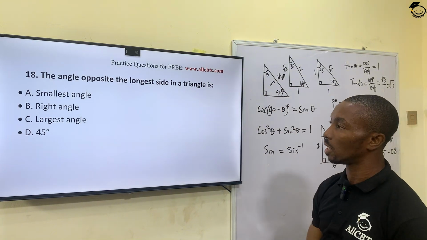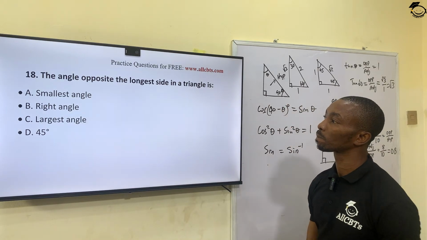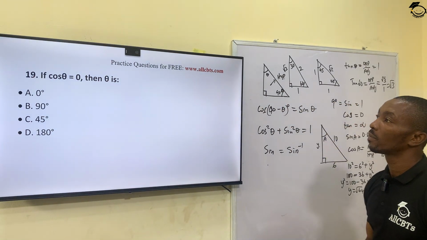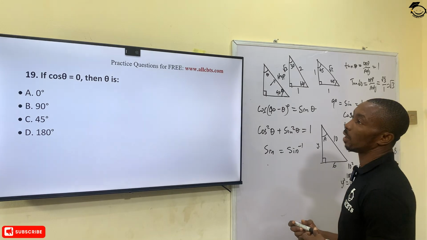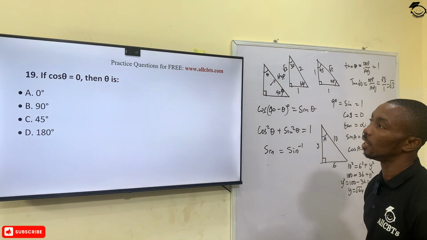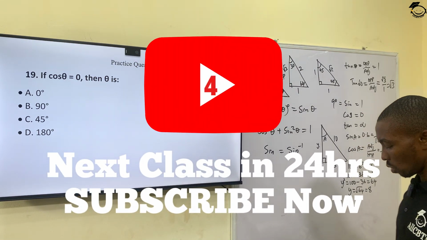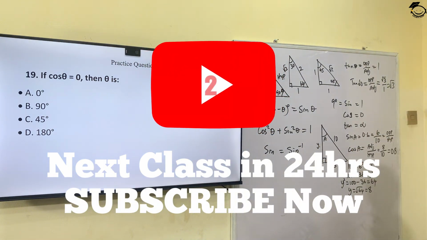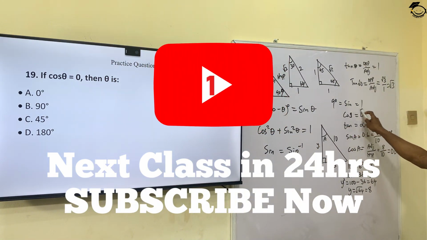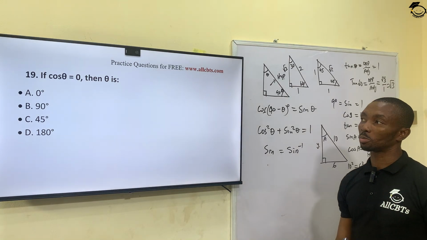That means it's at a right angle, which is option B. If cos theta equals 0, then theta is, so if we have cos theta equals 0, that means our theta will be 90 degrees, which is option B.